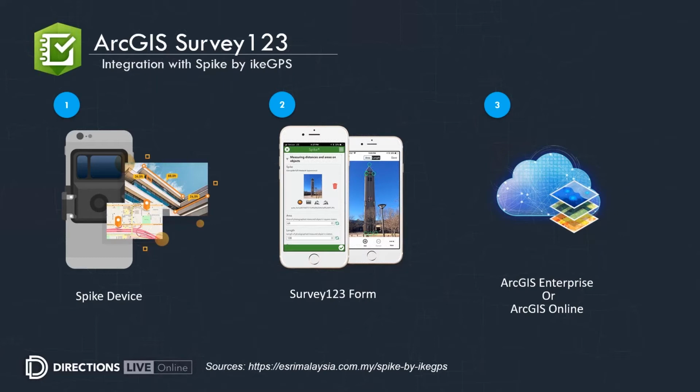After you finish your configuration, all the data from your laser measuring result, and also the picture itself, will be saved into your ArcGIS Enterprise or your ArcGIS Online. It all depends on which environment you are in, but these are the two options that we are currently offering.